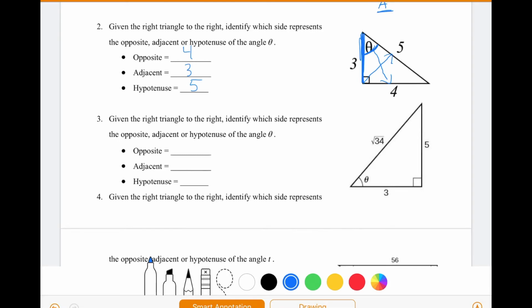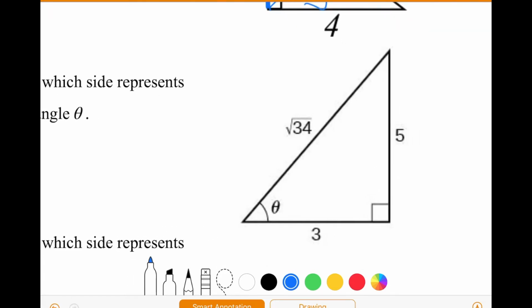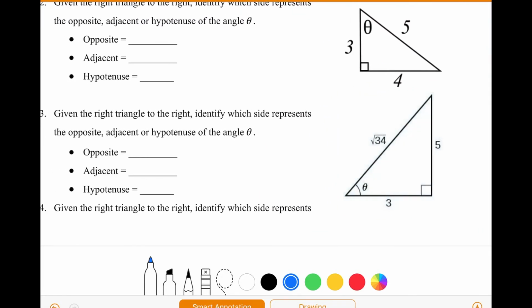Number 3. Do not overthink it. You are just putting down what is on that side. You're not having to solve anything in this lesson 2. So the angle that's given is theta. Your right angle is there, so the opposite of your right angle is the square root of 34.